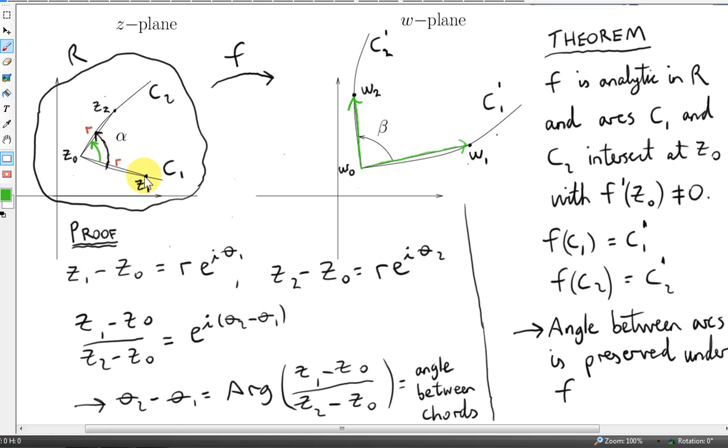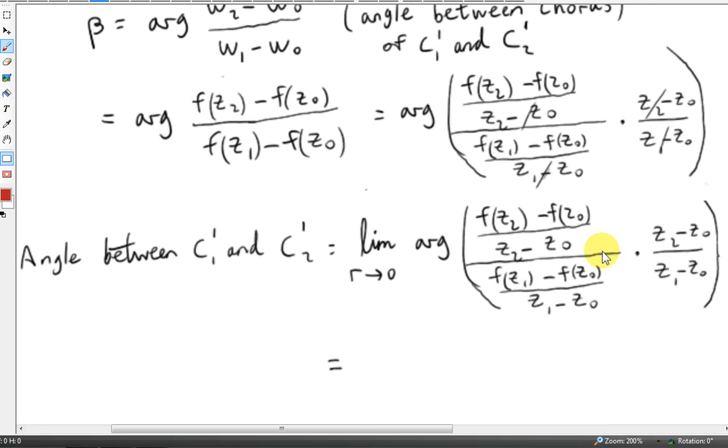As r goes to 0, Z1 and Z2 are getting closer and closer to Z0, which means in turn, of course, that W1 and W2 are getting closer and closer to W0. So these two chords are becoming tangents. In the limit, the two chords are approaching the tangents to the two curves at W0, and we want the angle between the tangents. So notice this quantity up here.